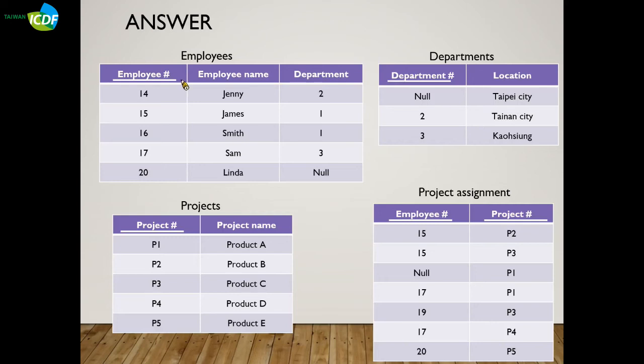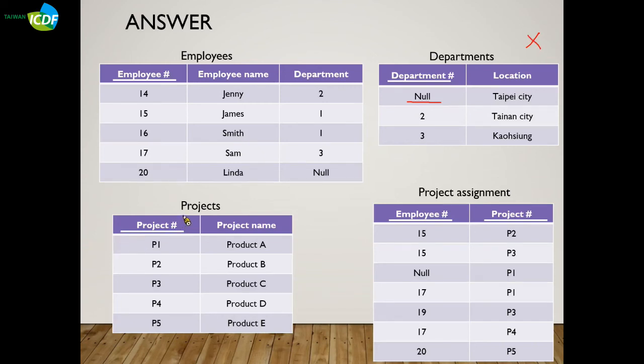Now we will continue to examine the rest of the tables. The department table: its primary key is department number, and we find that the primary key value of this tuple is null, which may result in data inconsistency, so it violates the entity integrity rule.